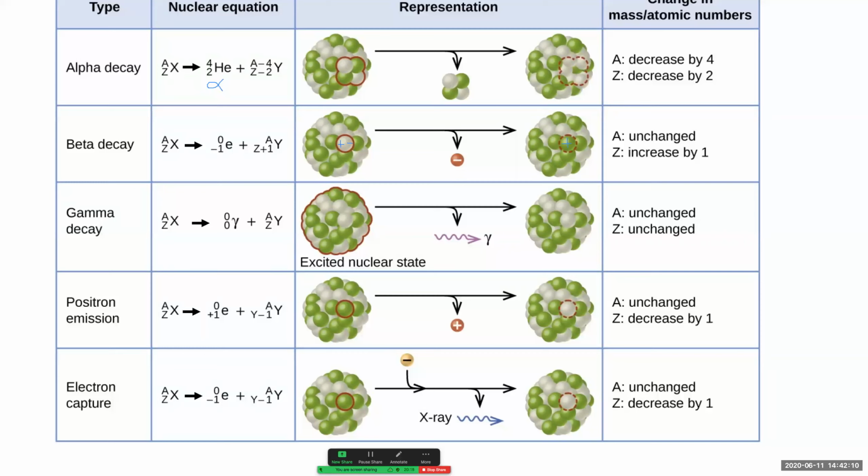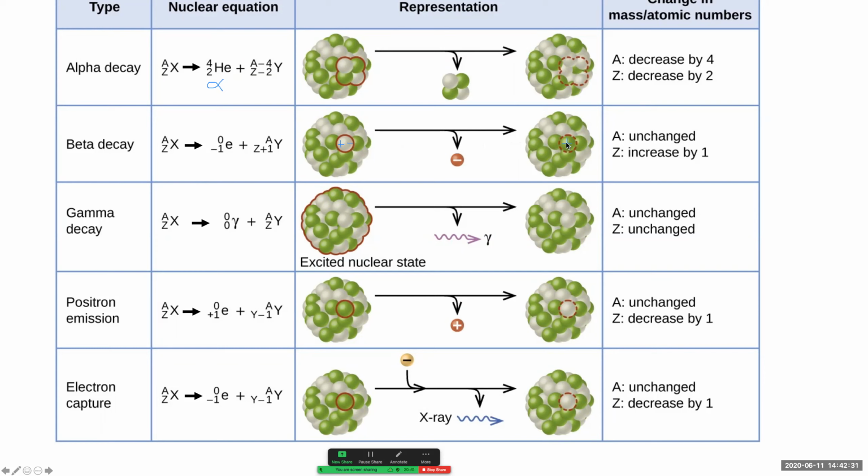On the other hand, if the N over P is too large, that means we have to increase the protons. So which one of these processes increases protons? It's beta decay. So Z increases by 1.